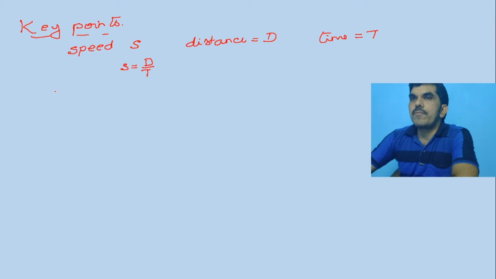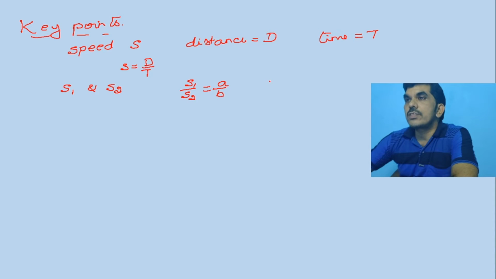Now suppose two objects are moving at speeds s1 and s2 such that the ratio s1 by s2 is equal to a by b.